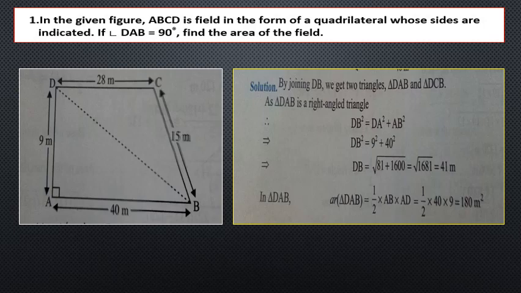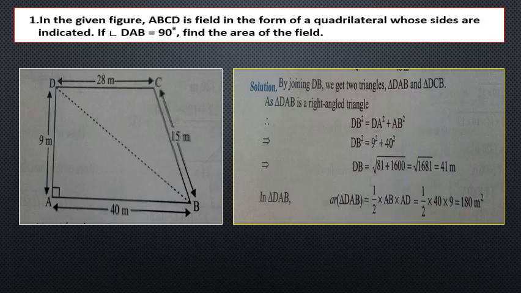Therefore, BD is equal to square root of 81 plus 1600. That is, 9 square is 81 plus 40 square is 1600, which is equal to 1681. The square root of 1681 is equal to 41 meters.